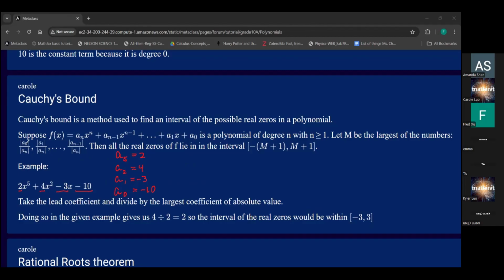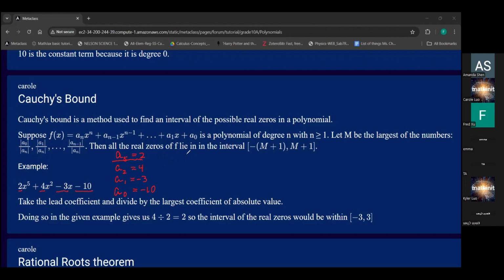So we have a of 0, right? So this is the constant divided by the leading coefficient. This is the second last term's coefficient divided by the leading coefficient, and so on and so forth. So we know that a of 5 is the leading coefficient.